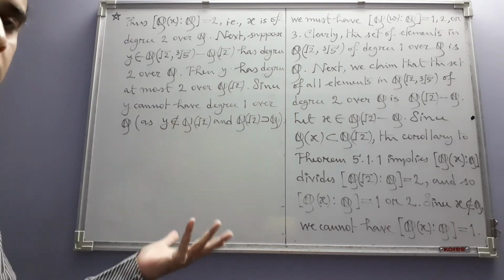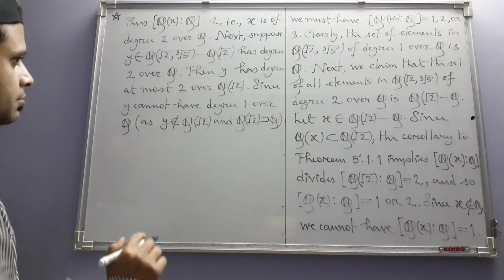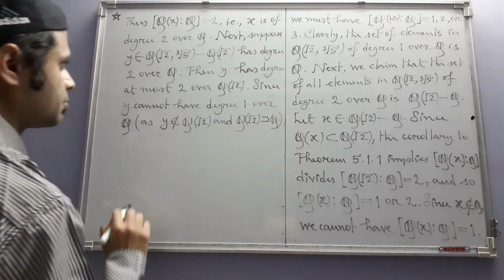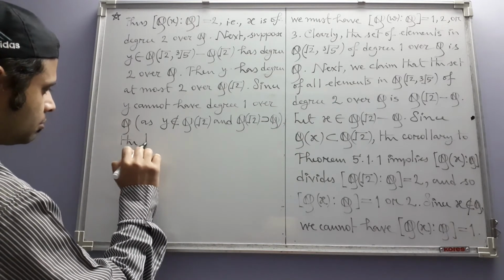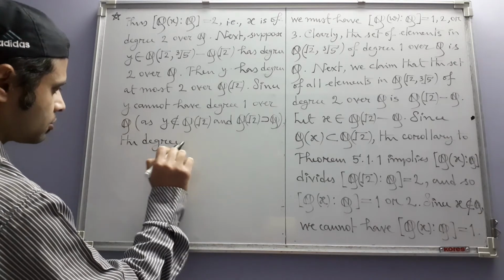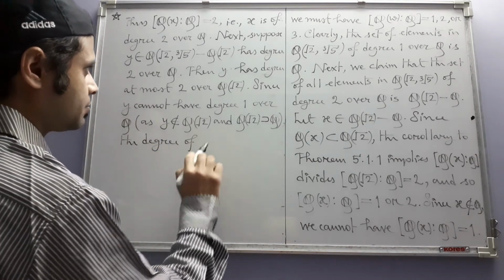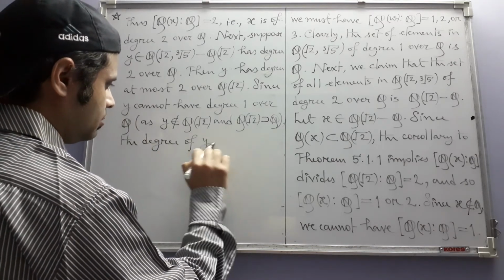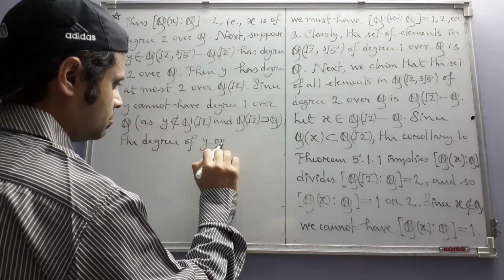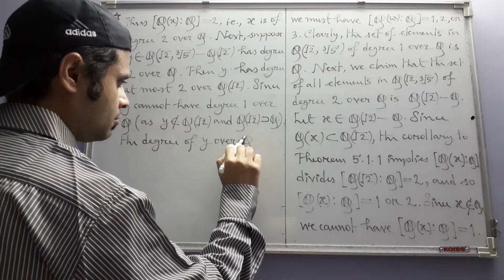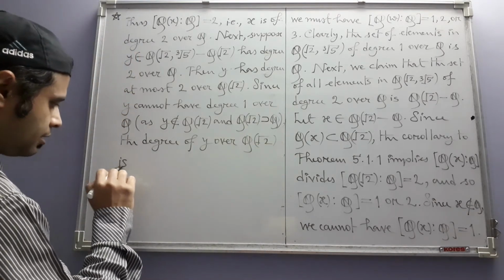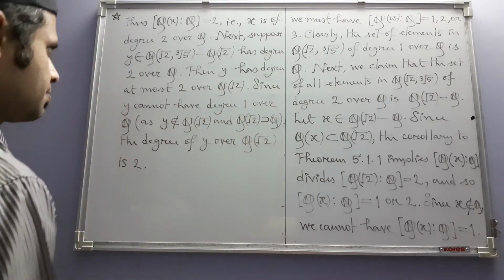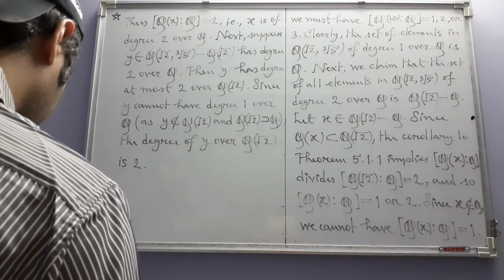So y cannot have degree 1 over Q(root 2). So the degree of y over Q(root 2) is exactly equal to 2. That is our conclusion.